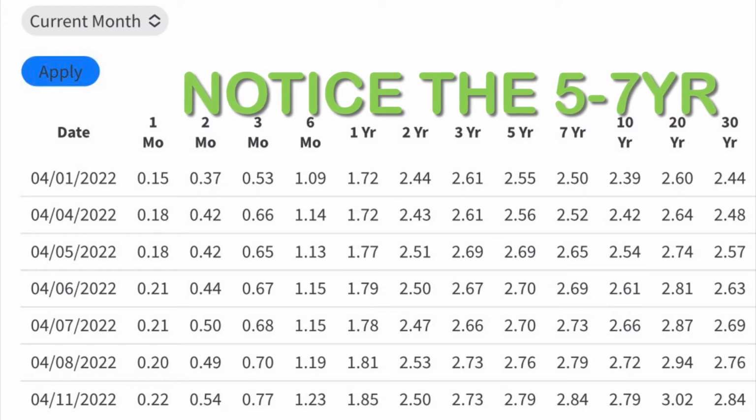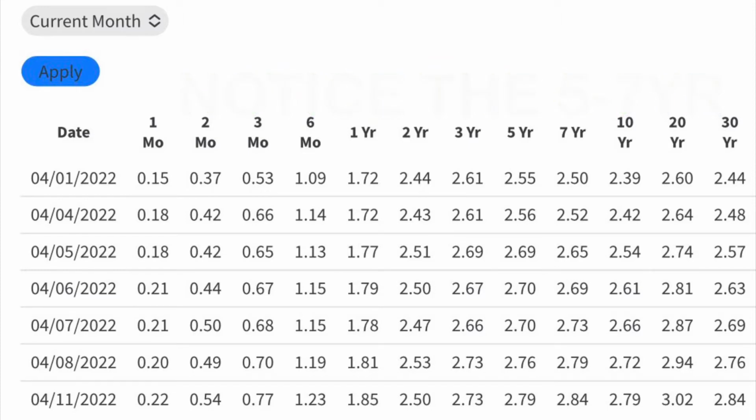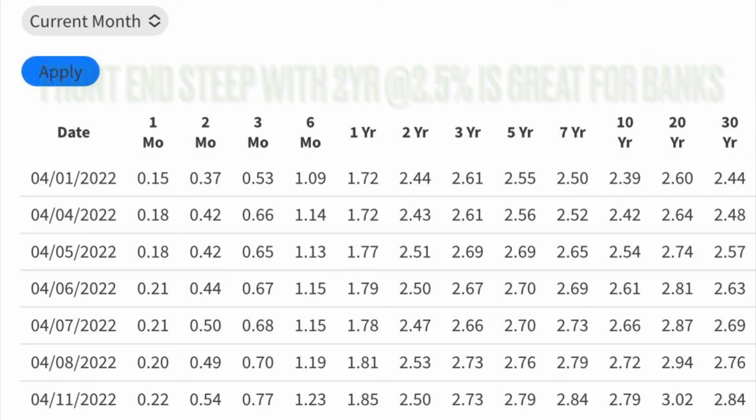And so that's what I'm really illustrating. Additionally, more importantly, the front end of the curve in the second 2-year is at 250 basis points. That typically would indicate the ability of banks to make really great net interest margins and be a positive signal as relates to liquidity in the marketplace. The 2-year and the 10-year rate is a little bit of a different animal.